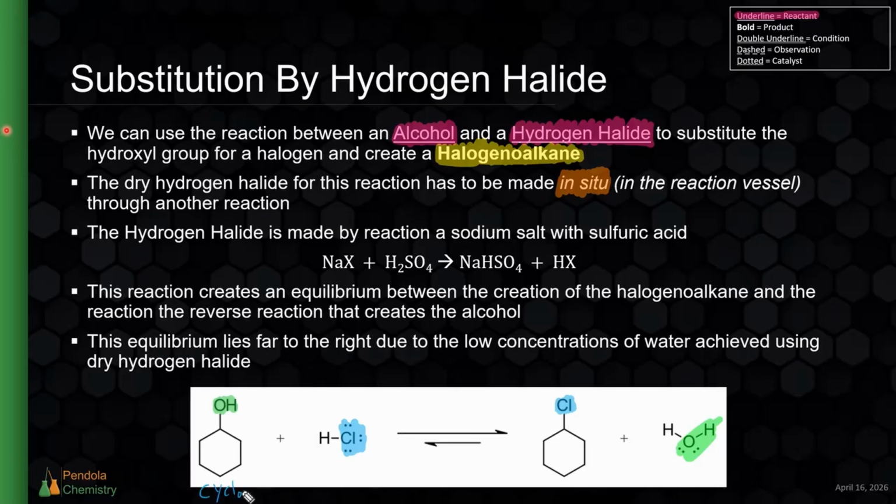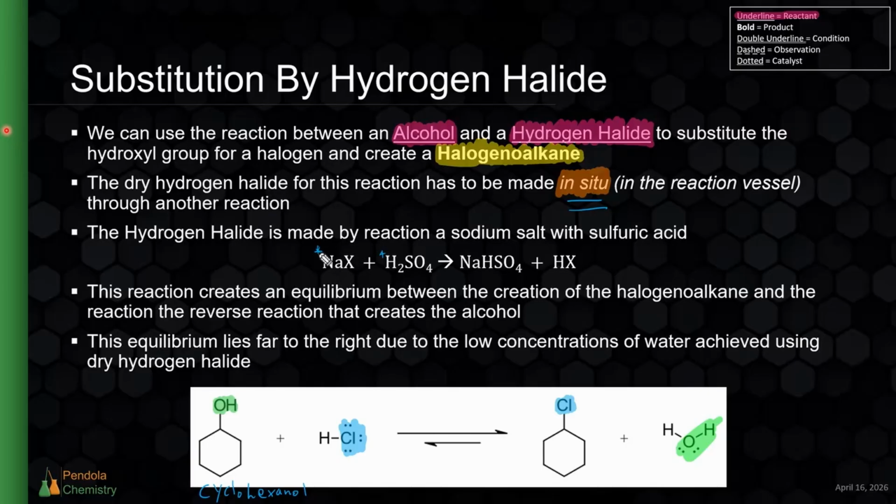The cyclohexanol needs to react with HCl that was made in situ, meaning that we need to use an alternative reaction to create it. A reaction usually involves reacting sulfuric acid with a sodium halide, something like sodium chloride, sodium bromide, sodium iodide.